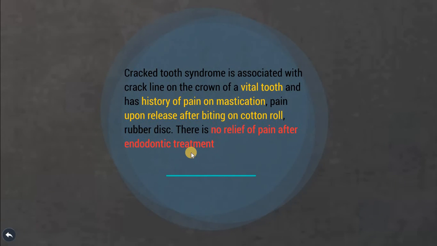In cracked tooth syndrome, we also have a vital tooth and a history of pain on mastication and pain upon releasing a rubber or cotton roll, and there is no relief of pain after endodontic treatment.